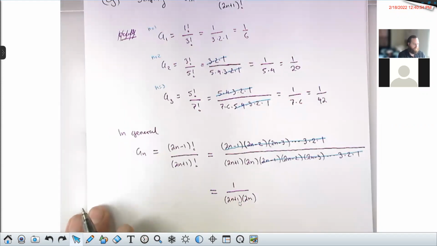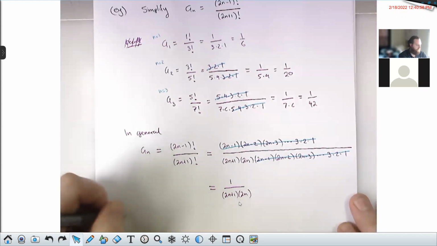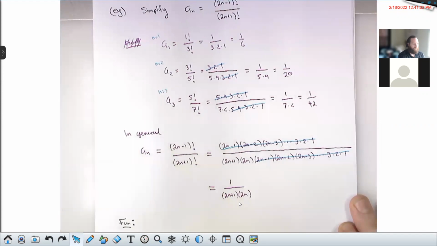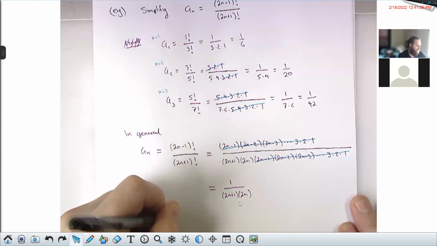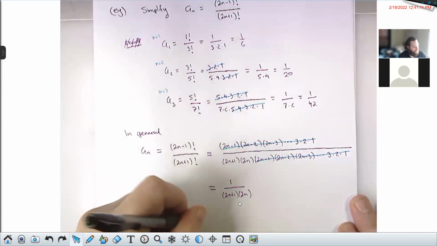Well, while you guys digest this a little bit, I'm going to make a suggestion. Is n squared factorial the same as n factorial squared?